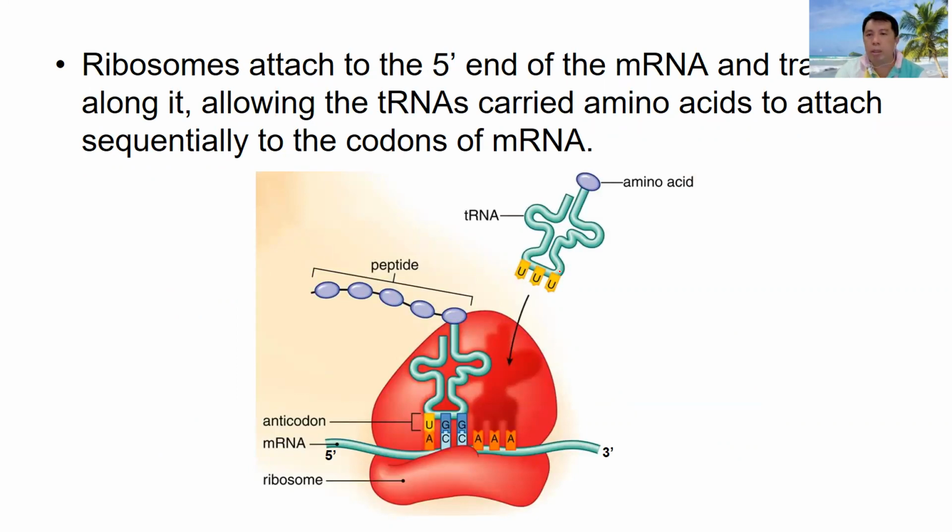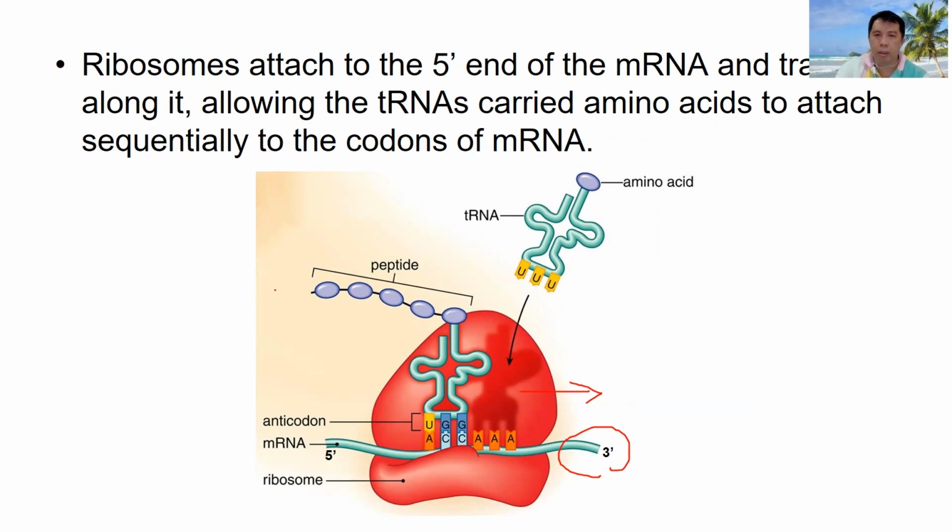The ribosome attaches to the 5' end of the mRNA and travels along the mRNA towards the 3' end. At the same time, the tRNA carries a particular amino acid and binds by complementary base pairing to the codon, to synthesize a polypeptide.